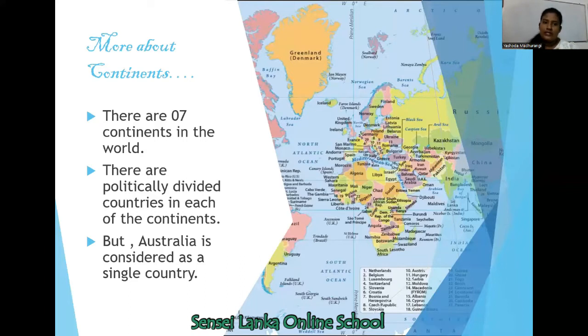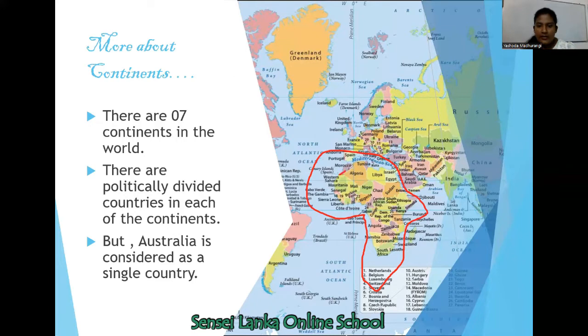More about continents. So dear children, now look at a part of a world map in this picture. There you can identify the continents. Wait, I will circle it. What is this continent? Continent of Africa. It is here. So dear children, can you see?